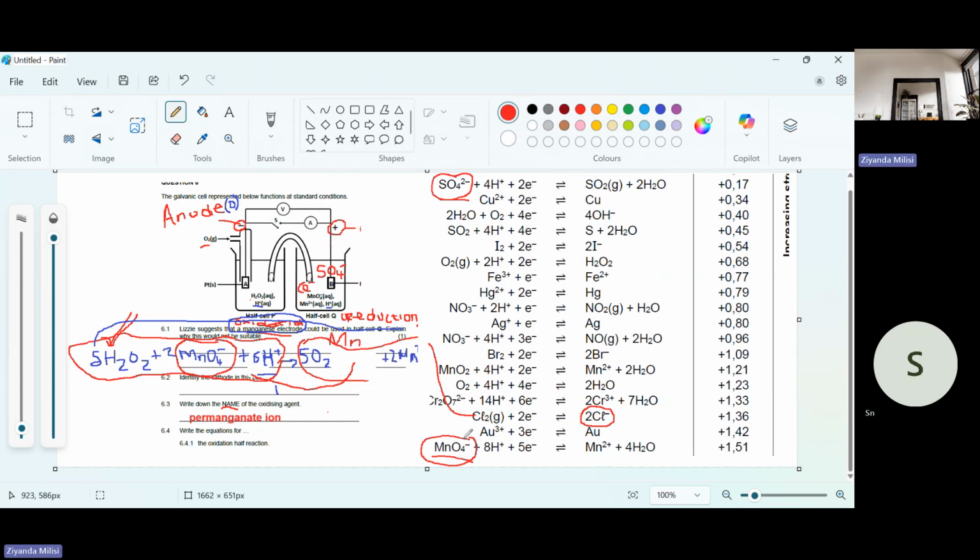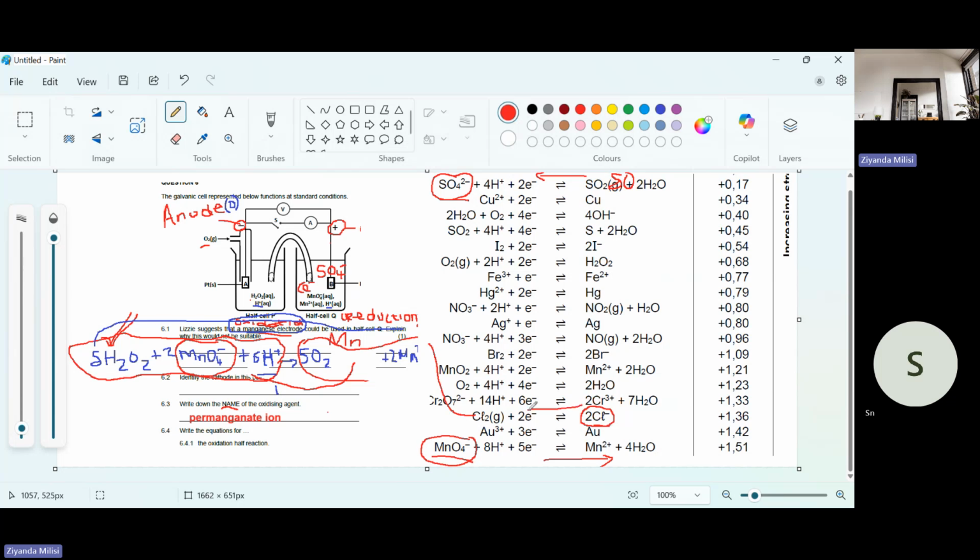So MnO4 minus, because it will undergo a reduction, goes this way. So this one has to go backwards. There is no SO4 this side. So it cannot oxidize SO4 2 minus ions. But it can oxidize the Cl minus ions.